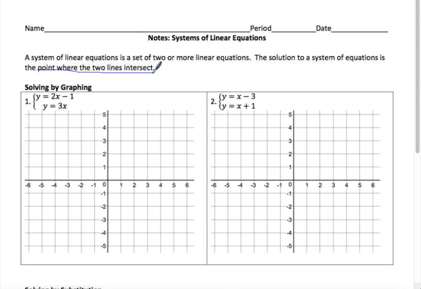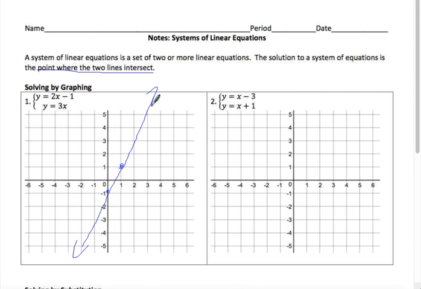For instance, if we graph the equation y equals 2x minus 1, it has a slope of 2 and a y-intercept of negative 1. And it looks like that.